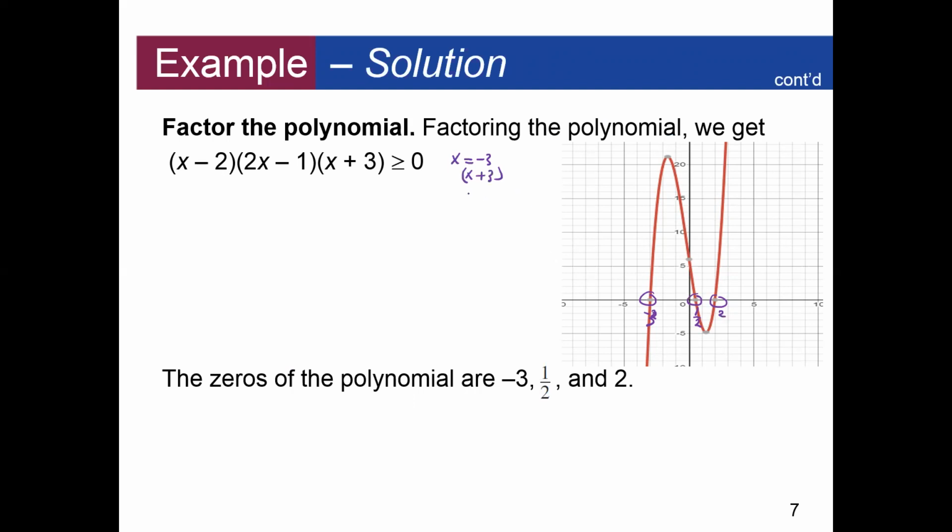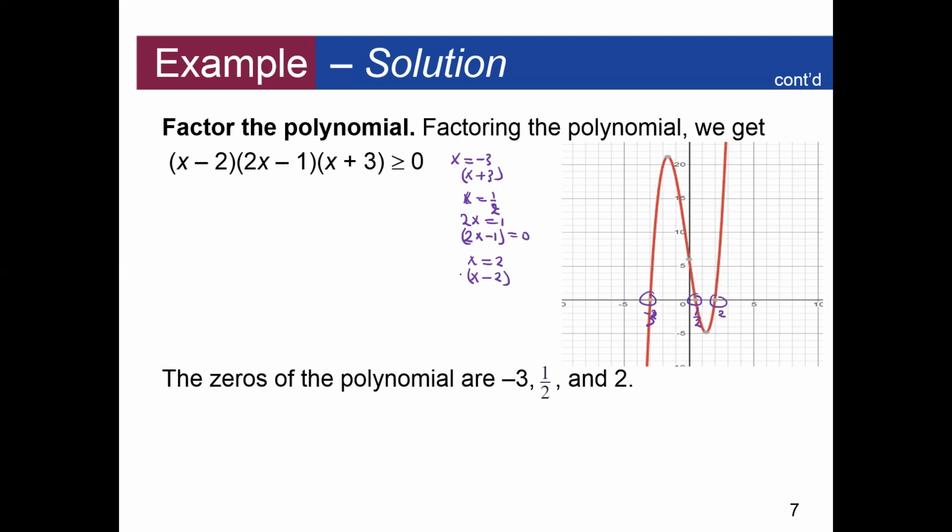And for the other zero, x is equal to 1/2. Multiply by 2, it gives you 2x is equal to 1, and therefore 2x minus 1 becomes a factor. And then last but not least, you have x is equal to 2, therefore x minus 2 is a factor. Then when you multiply all of them, you get that.